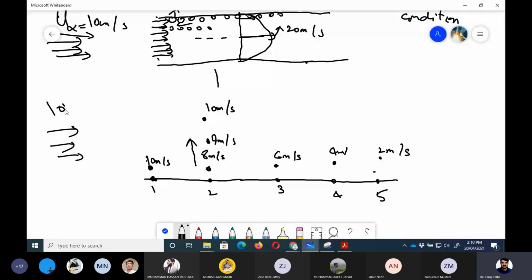Similarly, here it is 6, then it would be 8, then 9, then 10. Right? So if I draw a line which is representing 10 meter per second at each location, it looks like this. So this edge is called boundary layer.